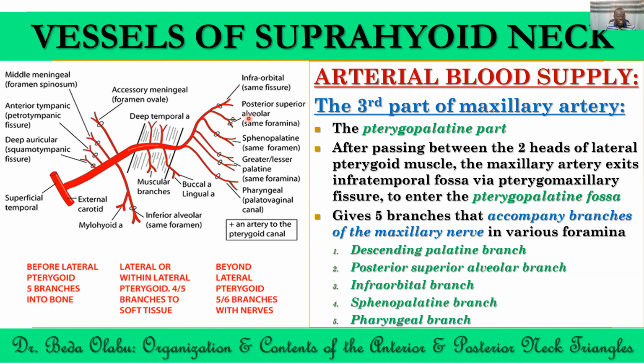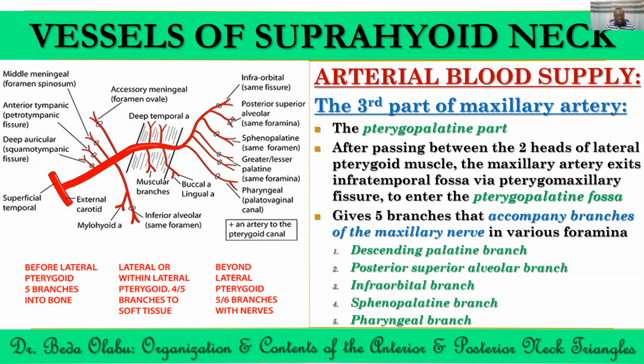The branches from the third part also go to some foramina, but importantly also they run with nerves from the maxillary nerve. Branches from the second part go to soft tissues. So this image also shows you in a nutshell which foramina are traversed by which artery, so you can take time to just understand that. All right, that is the maxillary artery.